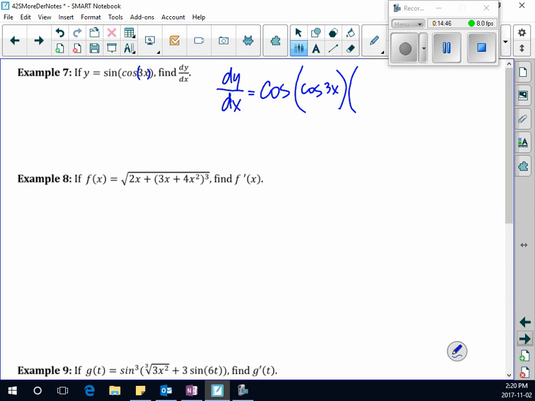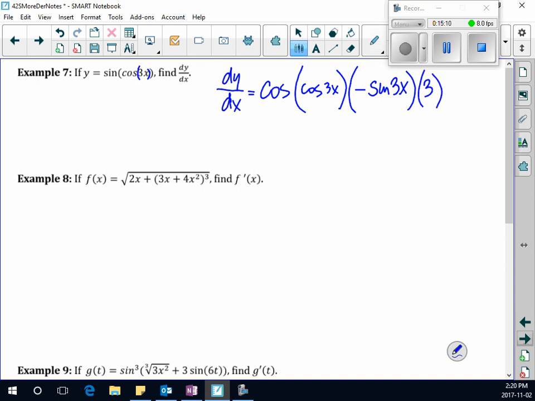Now we're going to take the derivative of cos of 3x. So what's the derivative of cos of 3x? Negative sine of 3x. Minus sine of 3x. Then we have to take the derivative of that inside, which would be then times 3. You probably want bigger brackets.